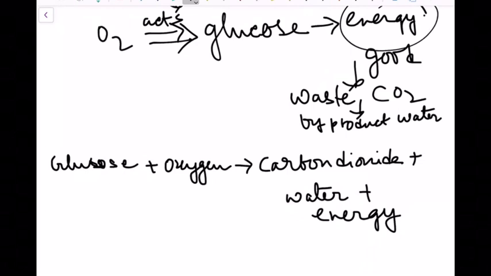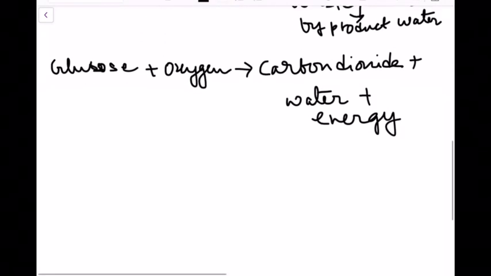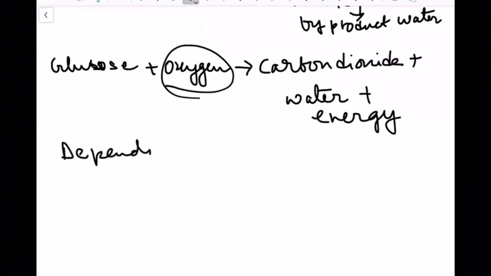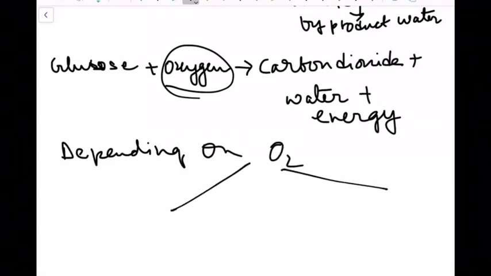Now, types of respiration are further divided depending on whether we have got proper oxygen or not. Now you see, for respiration, the main thing we need is oxygen acting on glucose. So depending on how much oxygen is available, respiration is again of two types: aerobic respiration and anaerobic respiration.